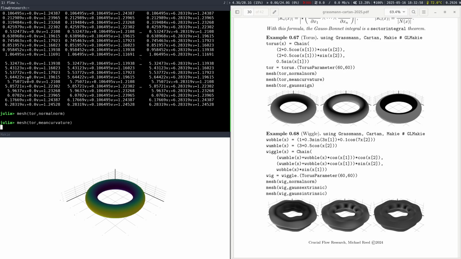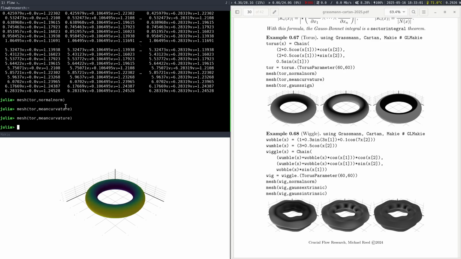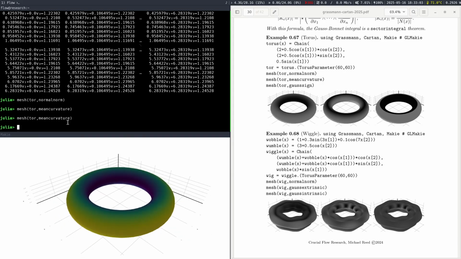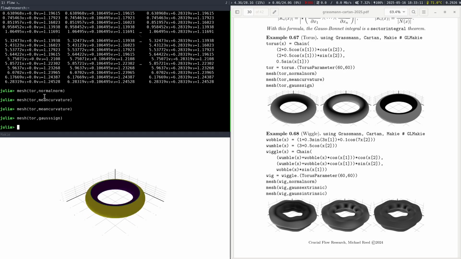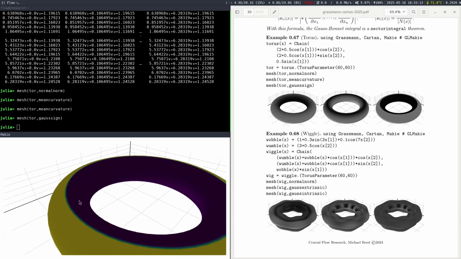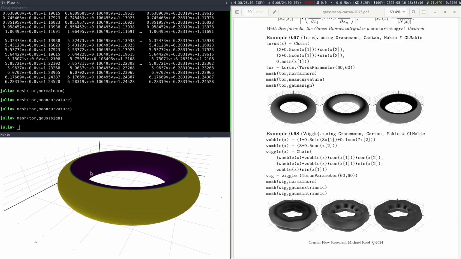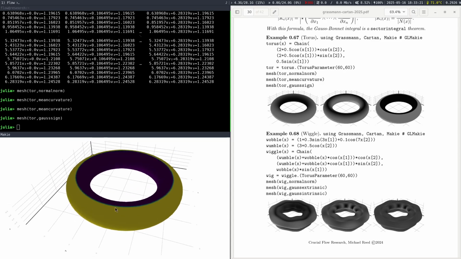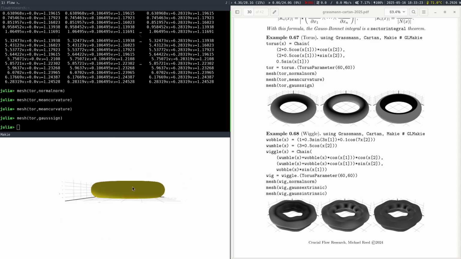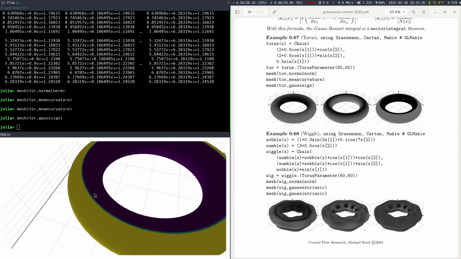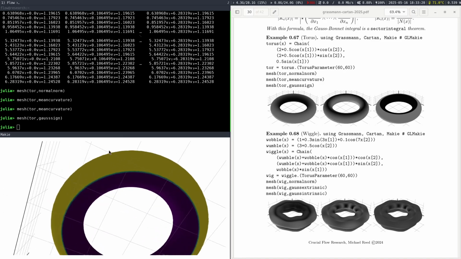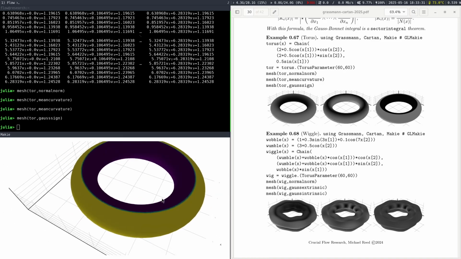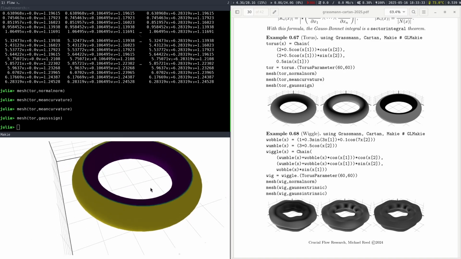That one takes a little bit longer the first time at least to calculate. Or the sign of the Gauss curvature. Some people find this interesting because the sign of the Gauss curvature changes on the torus, and this visualizes that sign change, if you're interested in that.